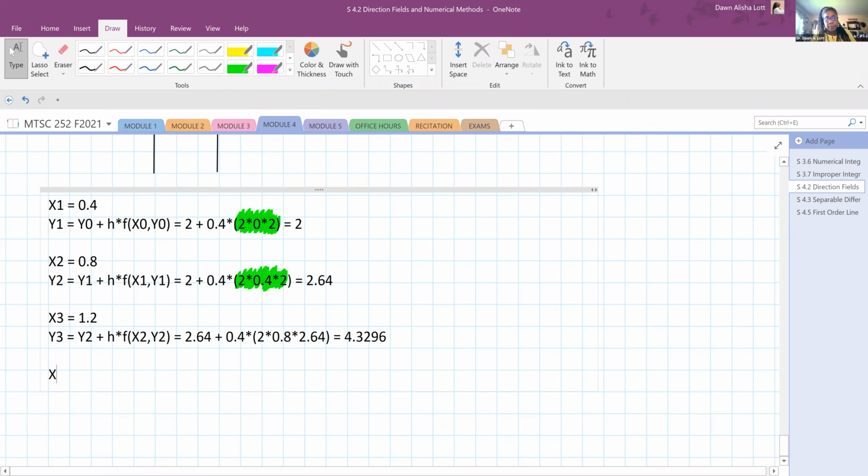x4 is equal to 1.6. y4 is going to equal y3 plus h times f of x3, y3. Okay, write down what numbers should go into that equation, and then I want somebody to tell me the numbers that go into the equation.